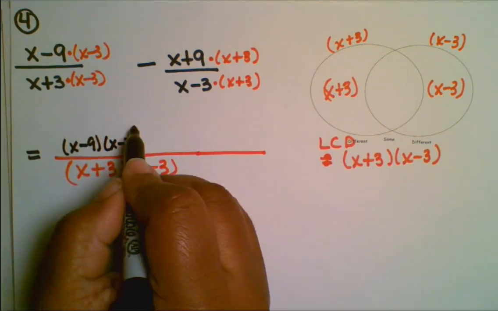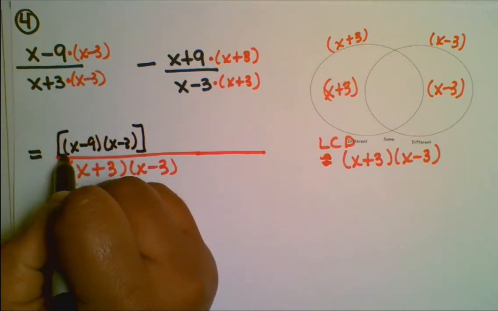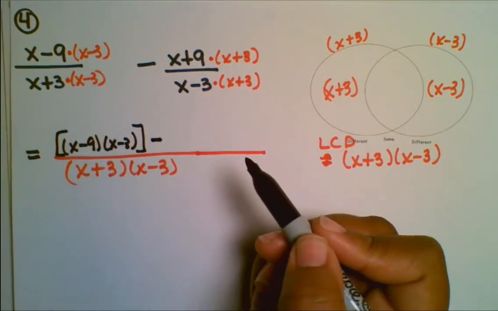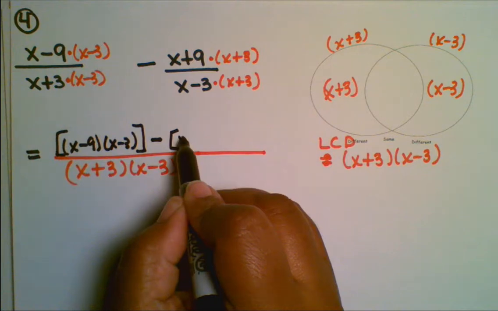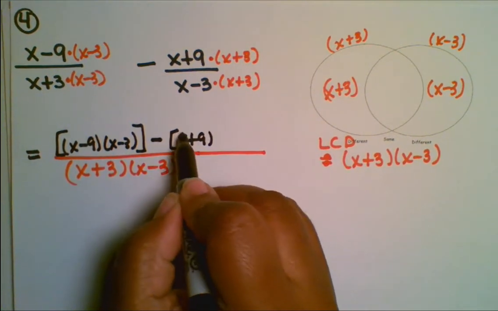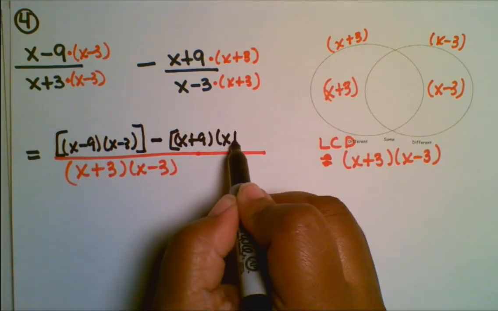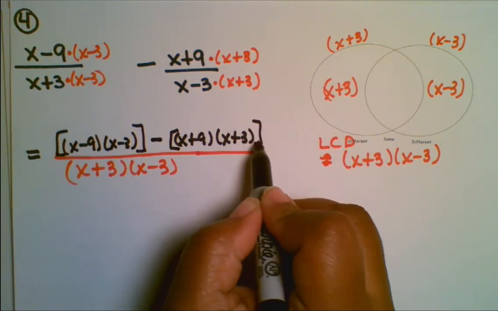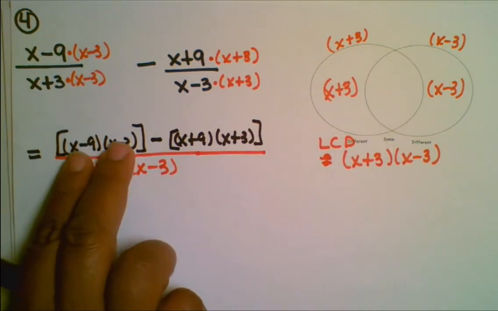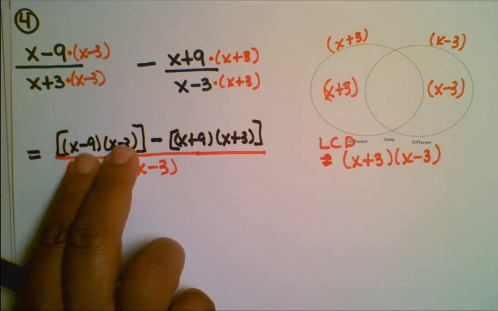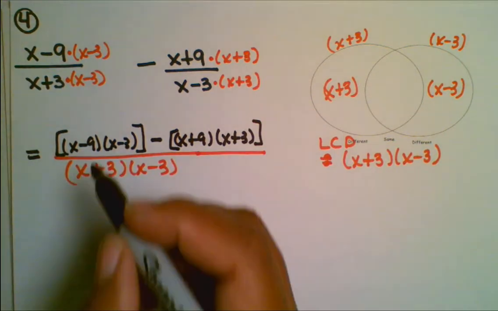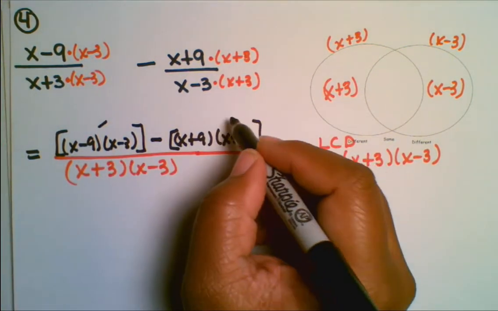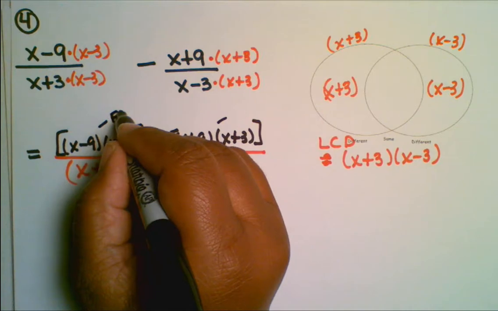I'm going to place a bracket beside that. Minus, then we're saying x plus 9 times x plus 3. So you have two parentheses here, two binomials. And what we're going to do for each of those, we're going to FOIL.